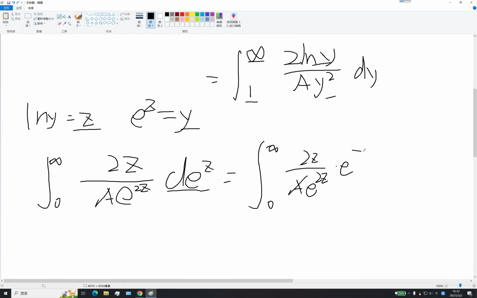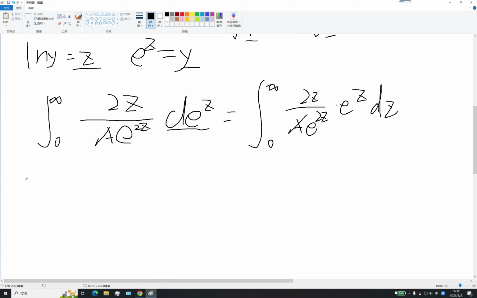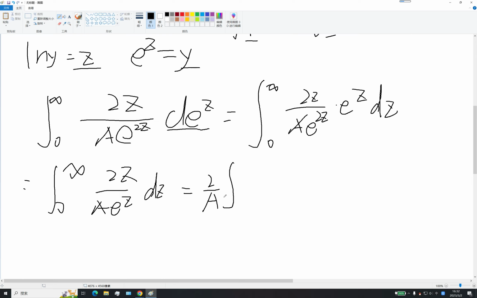This is e to the z dz. So this is a e to the minus z, z dz. And we turn this into a multiplied form. We take the 2 over a outside of this, and we get z e to the minus z dz.